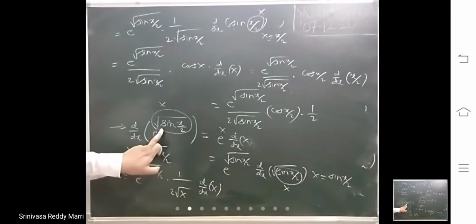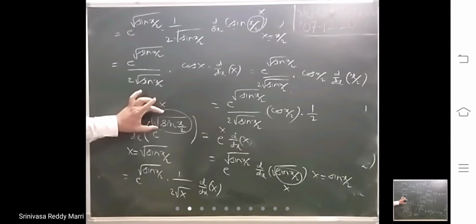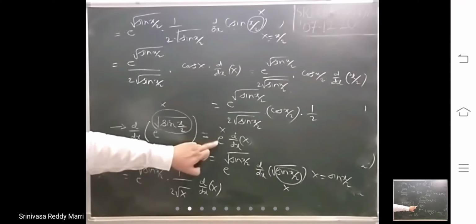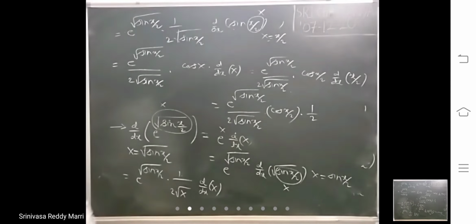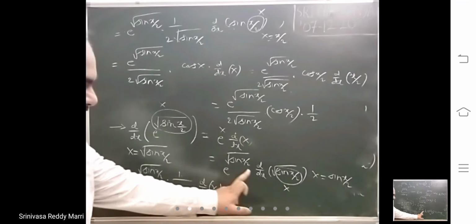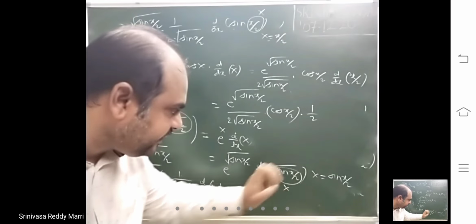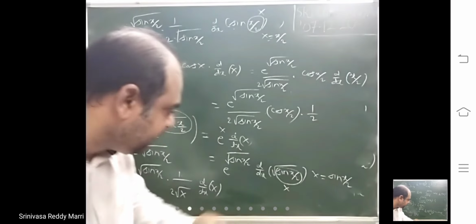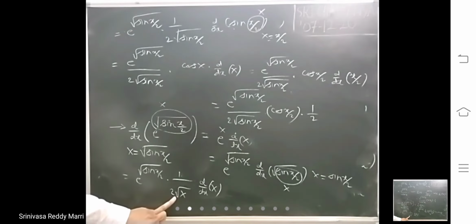Like that, look at how we have done. The first step: it is in the form e power X, but x is not there, so X is taken. I have written the e power X formula. What is capital X taken? d by dx of capital X. After that I substituted capital X and got d by dx of this. For this also I don't have any rule, but root x you know. So with that capital X taken, I have written the root x formula here, 1 by 2 root x.